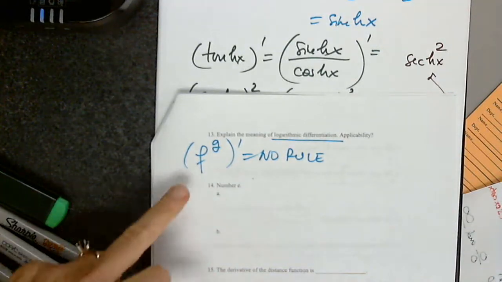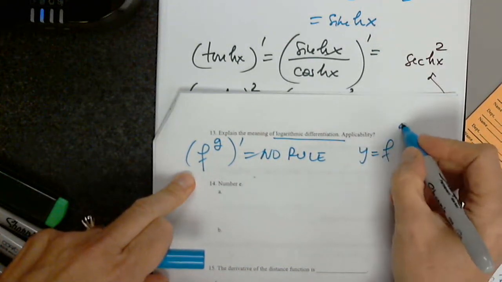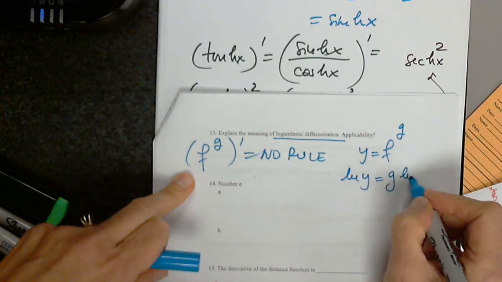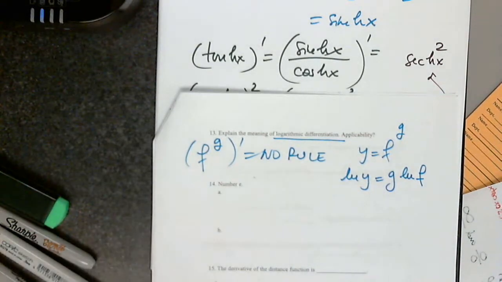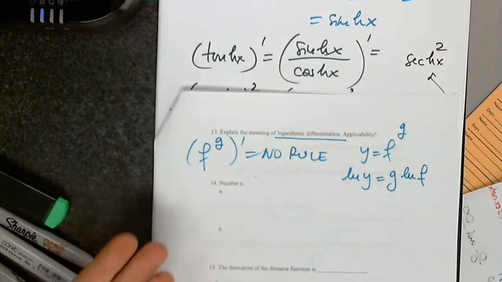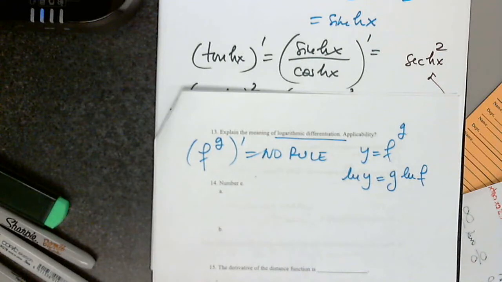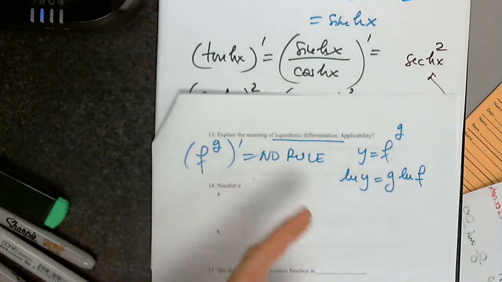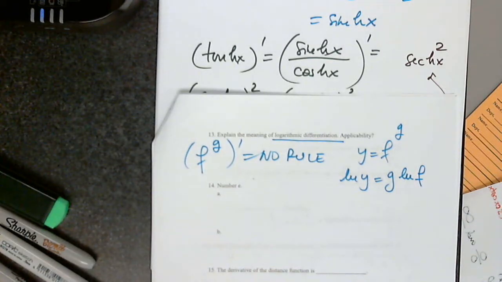So I have to call this y. Y equals f raised to g. I apply natural log to both sides. Natural log y will be g natural log f. That's my only chance. But then I get stuck if I don't know how to apply what? Implicit differentiation. So just applying log to both sides solved a problem, because I have a function to a function. I have no rule for that. But if I don't remember how to differentiate implicitly, I will not be able to get dy over dx.